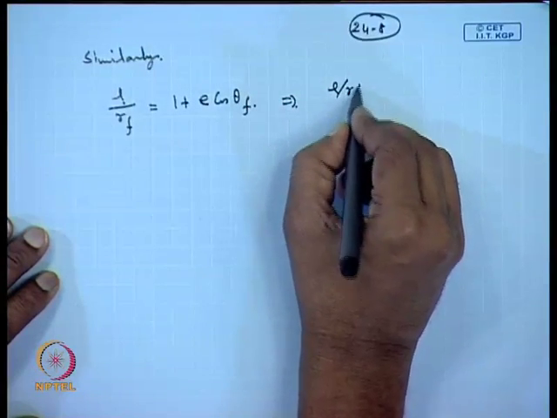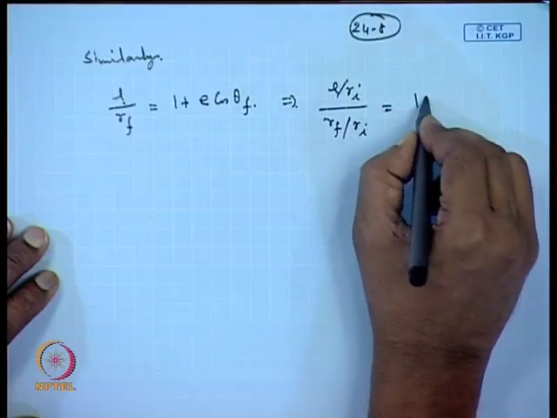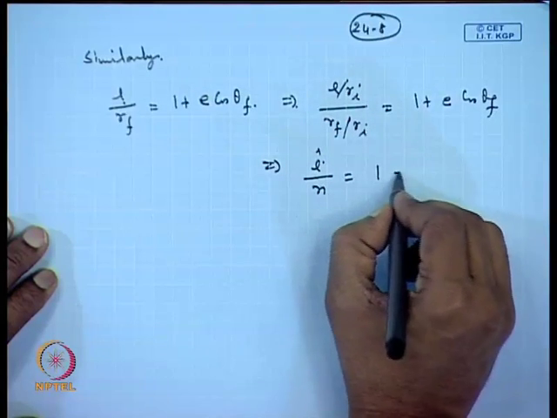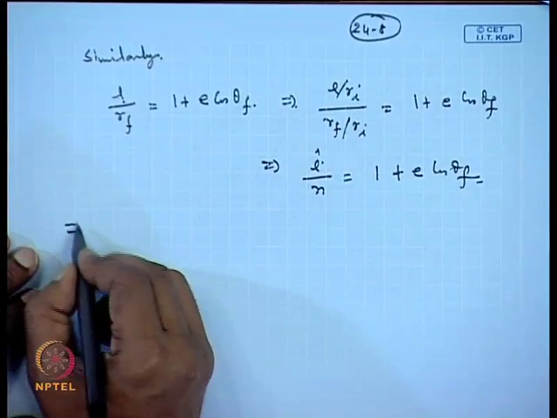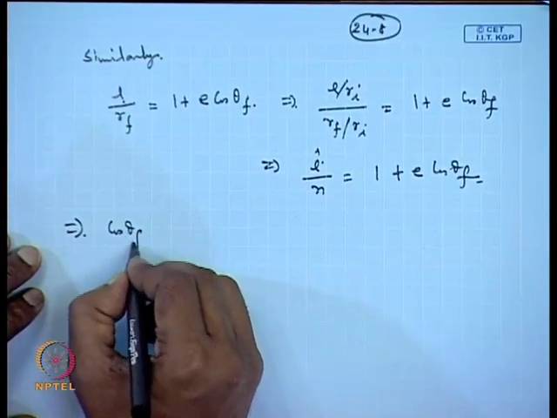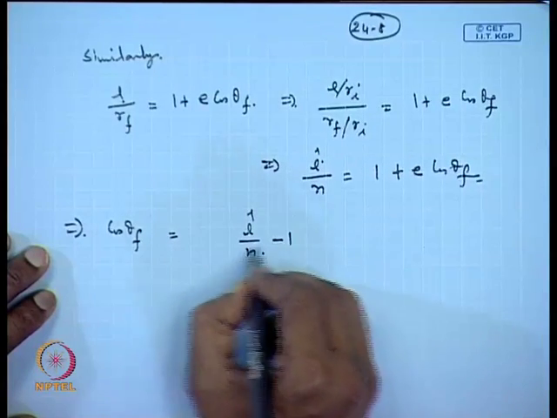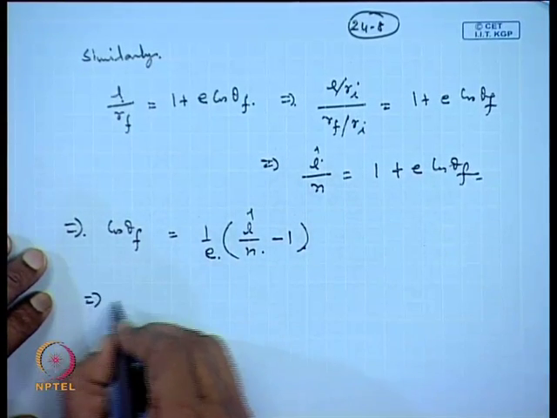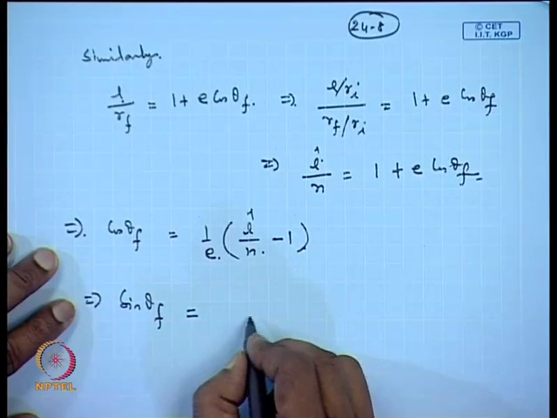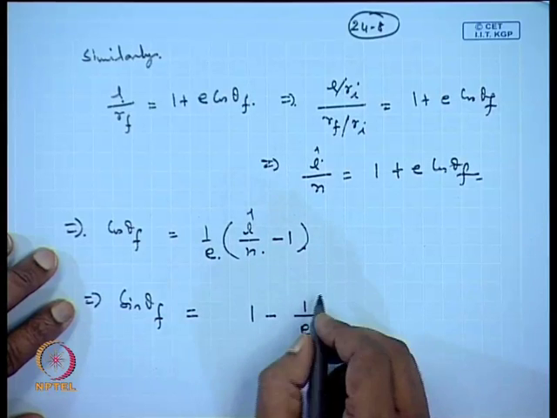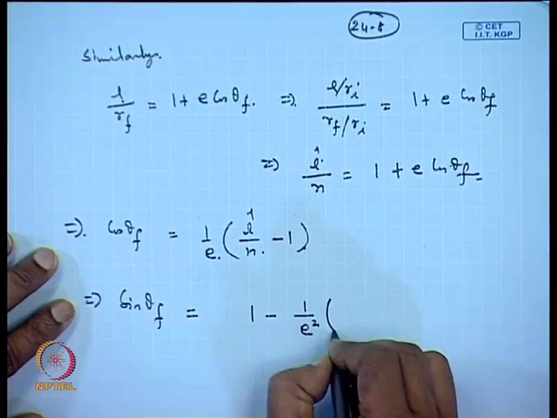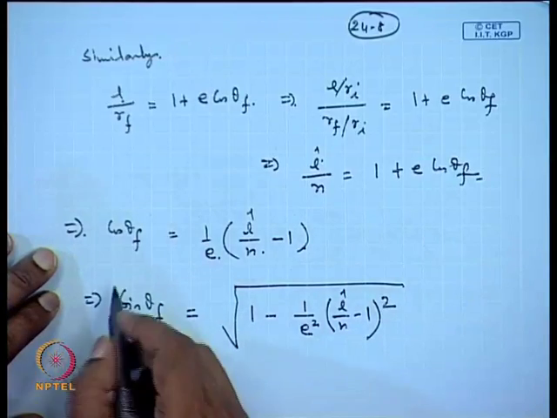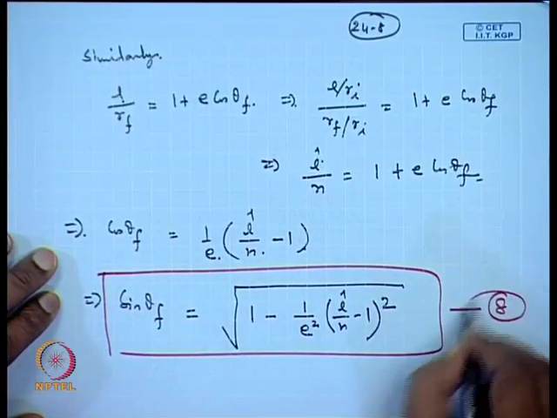So, this implies L by R I divided by R f R I, 1 plus E cos theta f, and this implies L cap by N is equal to 1 plus E cos theta f, and this implies cos theta f equal to L cap divided by N minus 1 times 1 by E, and therefore, sin theta f then becomes 1 minus 1 by E square times L cap N divided by N minus 1 whole square under root. This is our equation number 8.